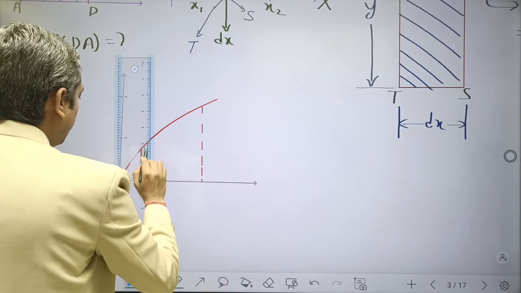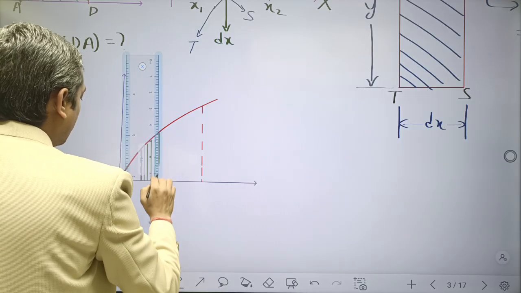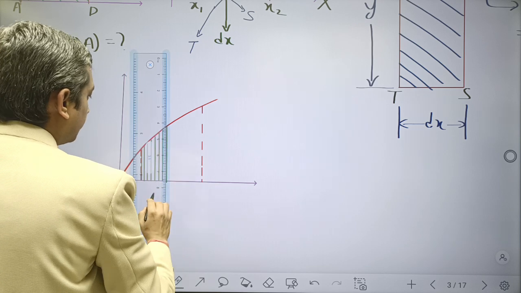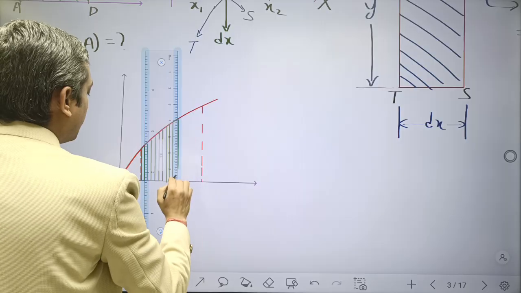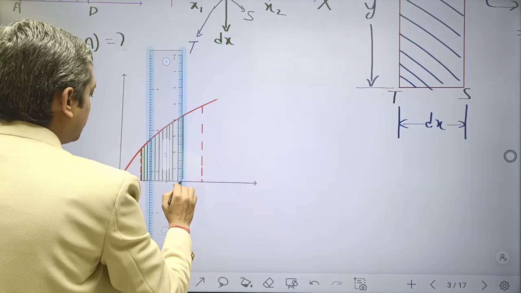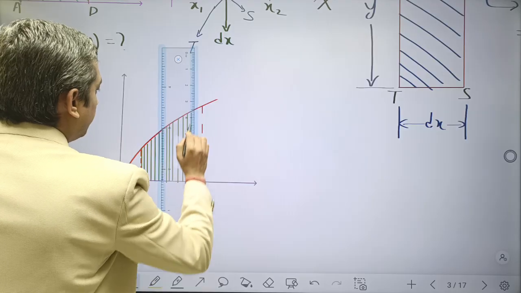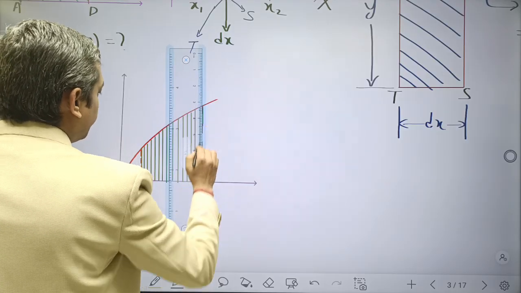We take an infinite number of small strips and find the area of all strips, and we add the areas of all these strips. If we add them starting from x equal to x1 to x equal to x2, then we get the required area which we are interested to find.